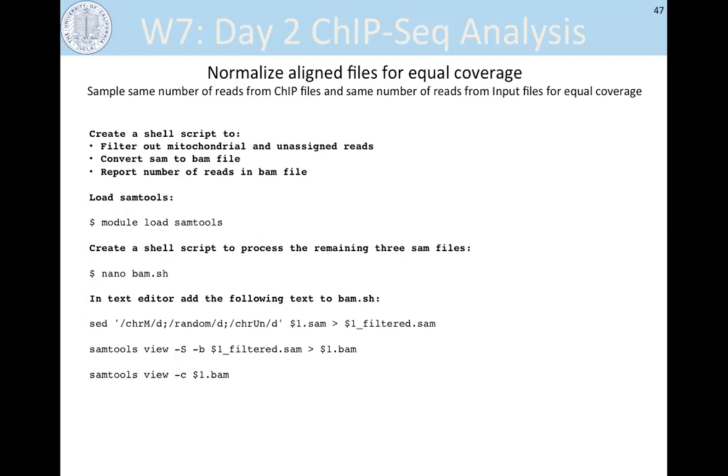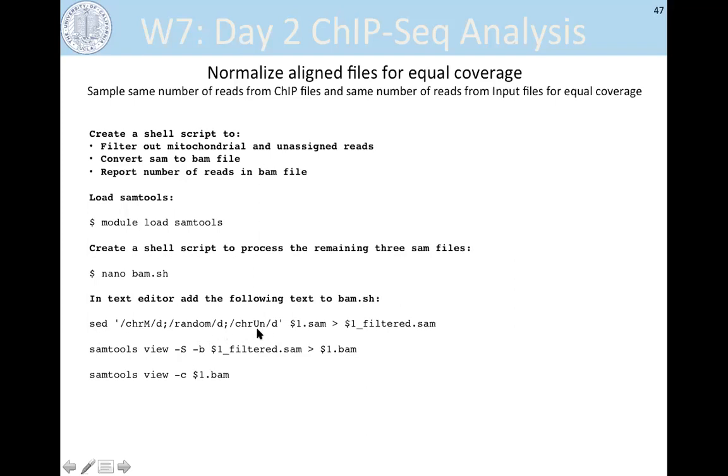first we're going to filter out mitochondrial and unassigned reads with a sed command. So we're going to remove the reads that align to chrM, or chromosome M for the mitochondrial chromosome, and then the reads that were assigned to random or unaligned.